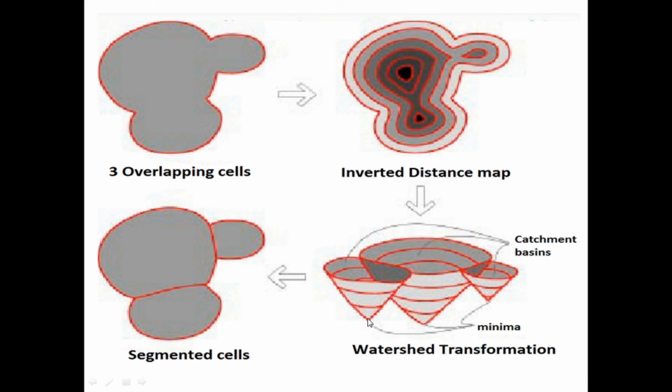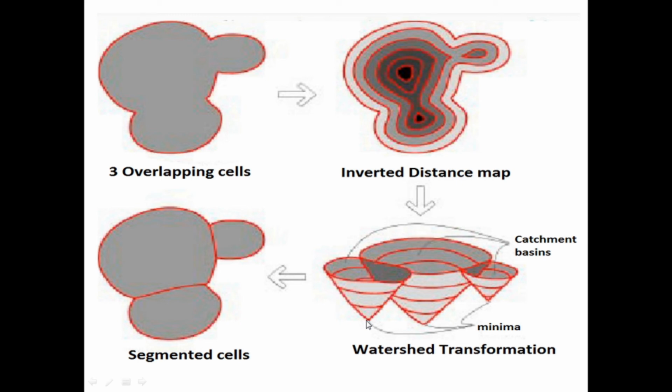Let me call these holes A, B and C. Whenever I am dipping these three catchment basins into the flooded area, into the water, I may not face the level of rise of water in the three catchment basins simultaneously. Whichever catchment basin has the greater depth will start collecting the water first, and next the others will start collecting the water, right?